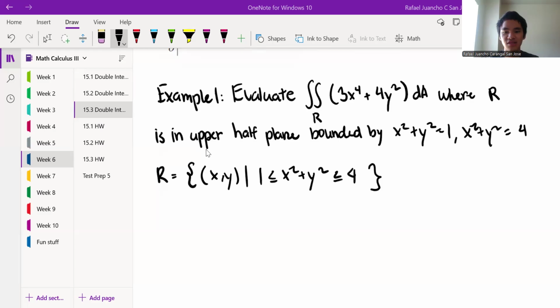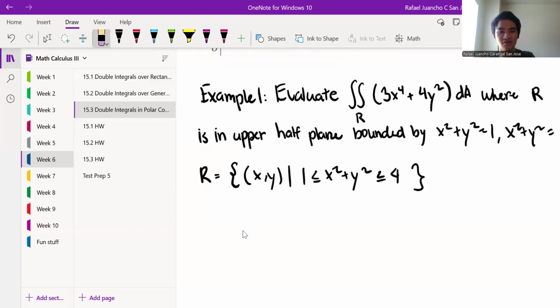And so let's translate it to polar coordinates. So how do we do that? Let me write it in a very step-by-step way.